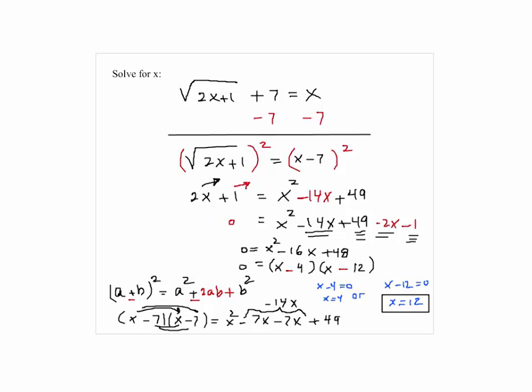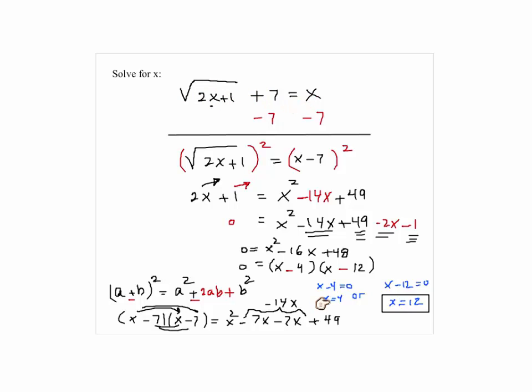If I substitute 12 for x here, 12 times 2 would be 24 plus 1 would be 25. Square root of 25 would be 5. 5 plus 7 is equal to 12.